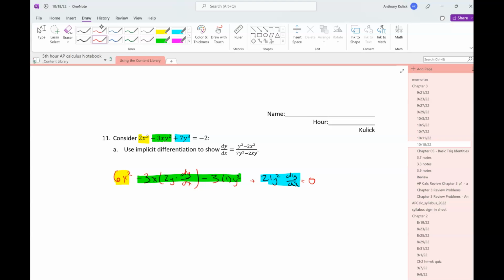What I'm going to do is take all the pieces that don't have a dy dx and move them to the other side. That's going to be adding 3y squared and then subtracting 6x squared. And the pieces that do have the dy dx, I'm going to factor that dy dx off. So that's going to be 21y squared minus 6xy.